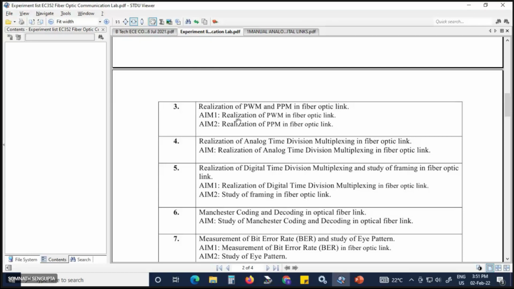We'll study it in block diagram form and see the waveforms, how pulse width modulation and pulse position modulation take place, but in optical fiber. You may have seen it through electrical wire, but here we will see how they propagate through optical fiber.